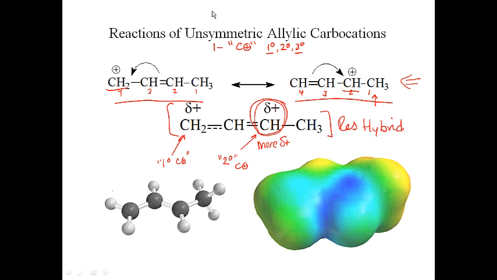So looking at these two structures, I would say that this one is the more stable carbocation resonance structure. The double bond then would come second. If we had a tie between carbocations, maybe two primaries or two secondaries, then I would look at the substitution pattern on the double bond.